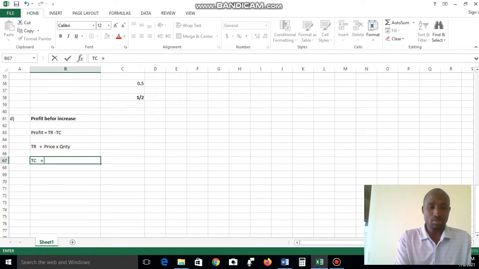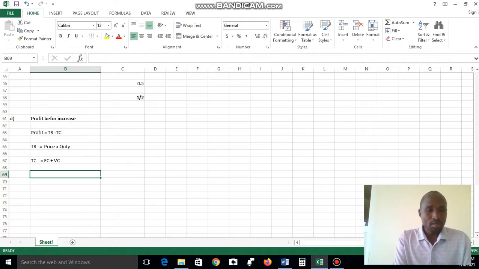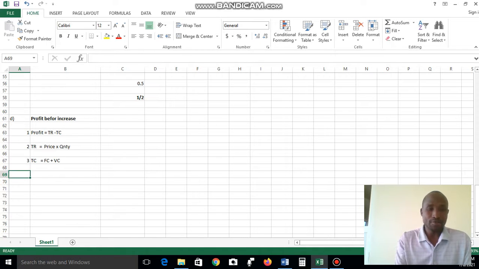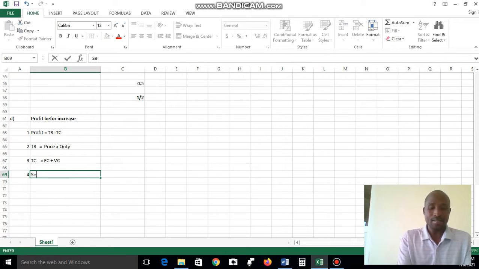To get the total costs, you must have fixed costs plus variable costs. So this is 1, this is 2, this is 3. Then 4, we need to determine the selling price to use.